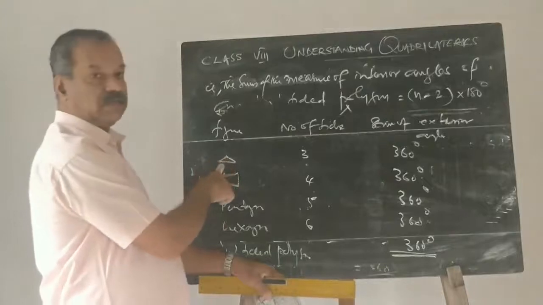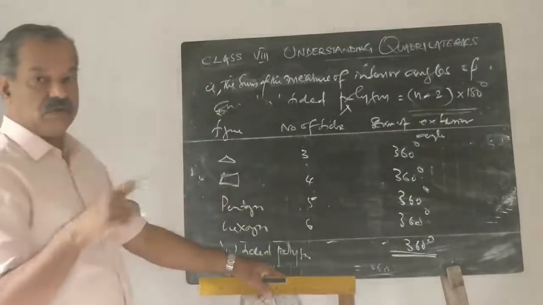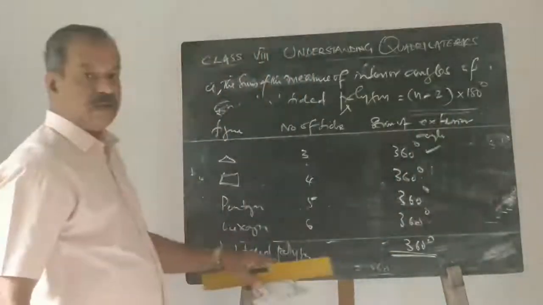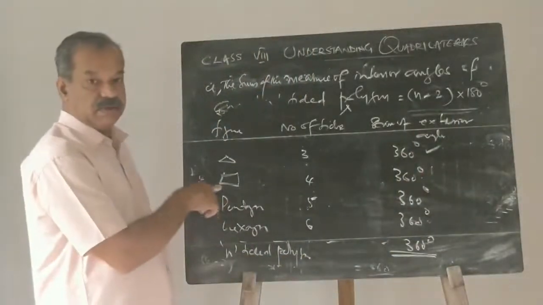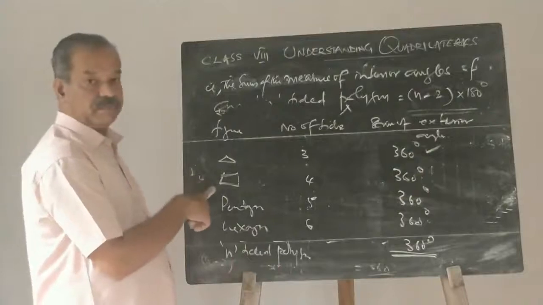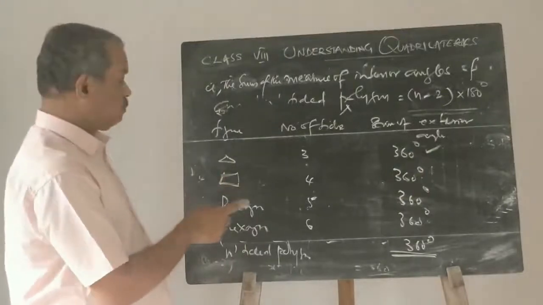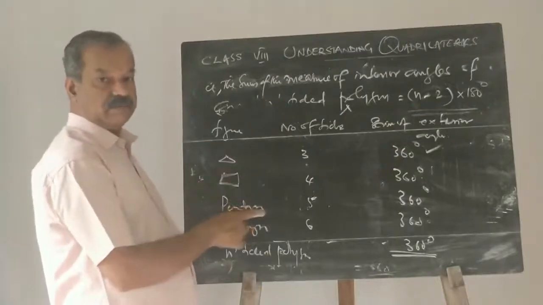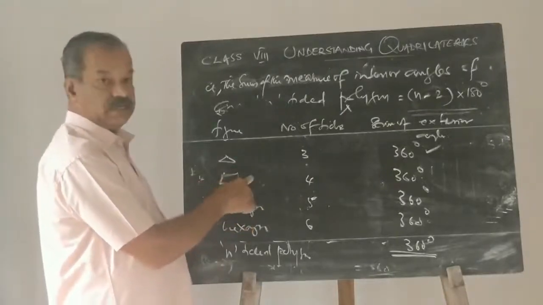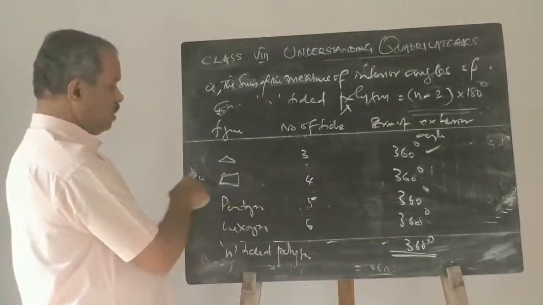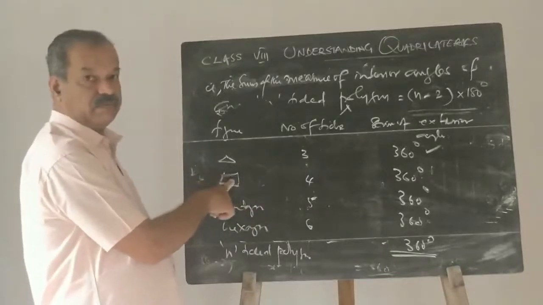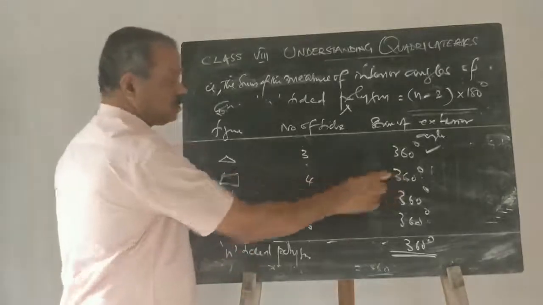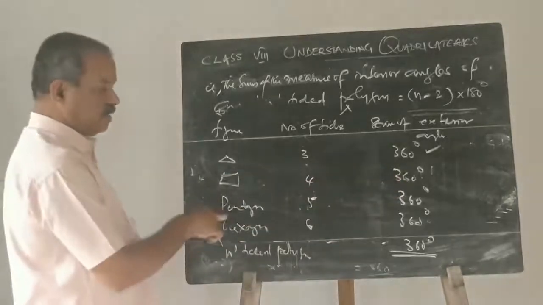The interior angle sum is 180, so 3 into 180 minus 1 into 180 is 2 into 180, which is 360. With 4 sides, how many linear pairs? 4 pairs, so 4 into 180. The sum of the interior angles is 2 into 180. So 4 into 180 minus 2 into 180 is 360.